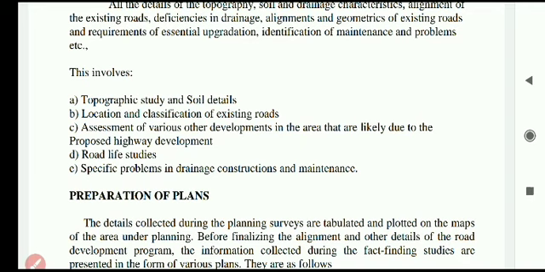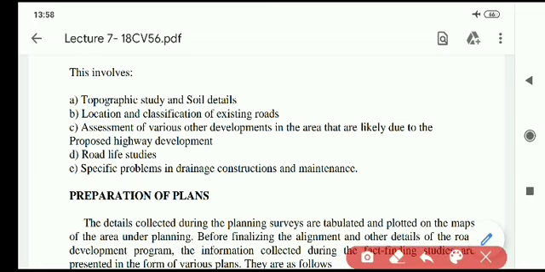But before going to the plan, first under engineering studies, topographical study and soil details are collected. So what do we mean by topographical study? Topographical study means the ground profile study is done, like undulations, falls and rises, downward gradient and upward gradient, the gradient profile of that particular land is considered here.